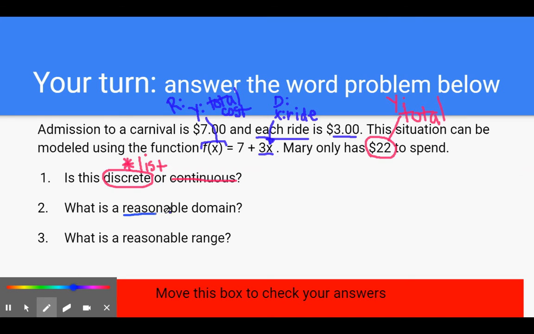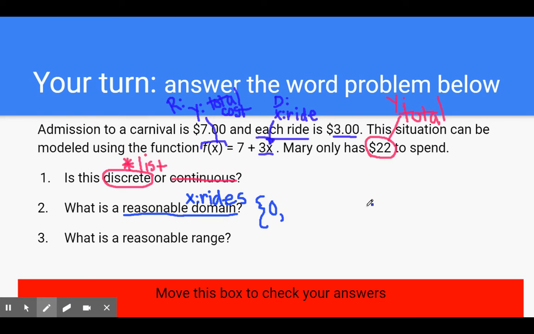Okay, so next question. What is a reasonable domain? Well, here our domain is the x, which are the rides. So you want to think about, okay, what would make sense? Do you think I'm going to have negative values? No. So since it's talking about my rides, I know I can ride 0 rides.